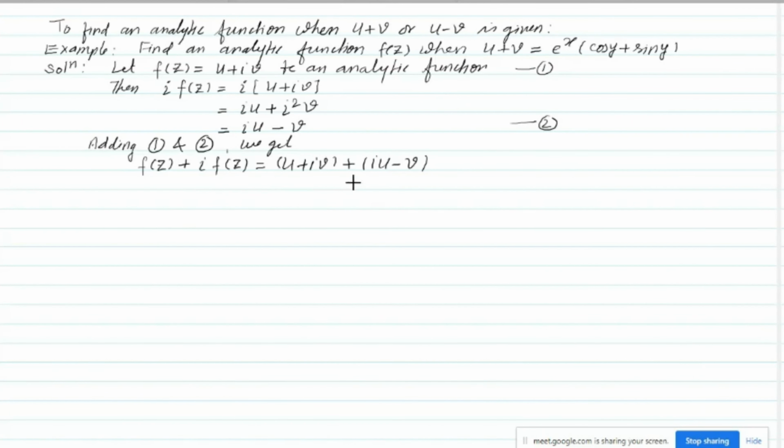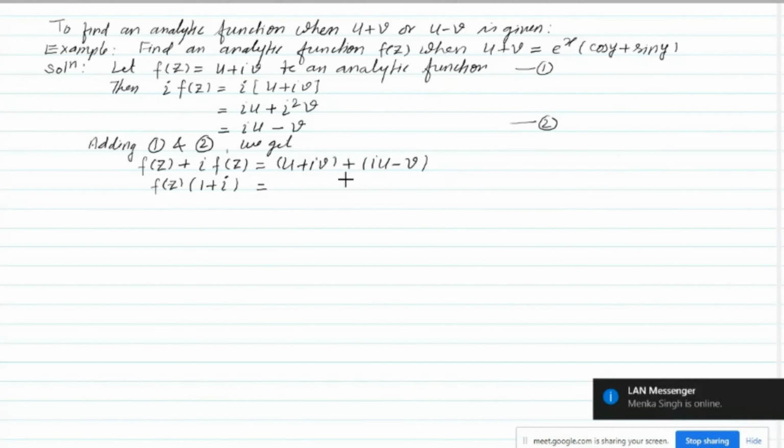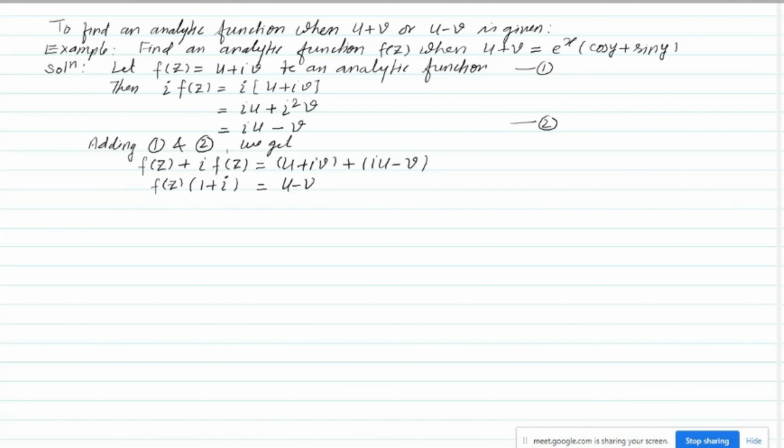Okay, so just simplify here. f of z is common, so taking f of z common, f of z into (1 plus i), and this equals, see, real part added with real part and imaginary part added with imaginary part. So this becomes u minus v, this is the real part, plus i taking outside, so this becomes u plus v. Okay, u plus v.